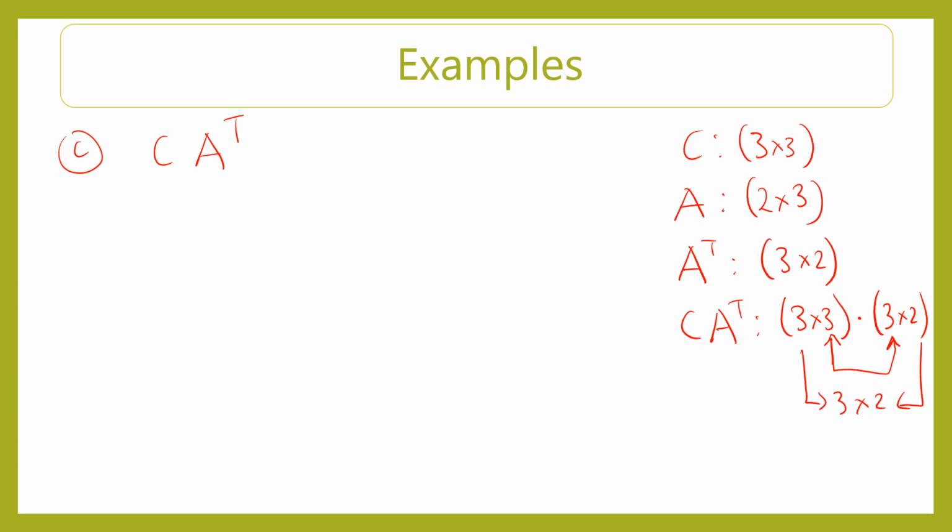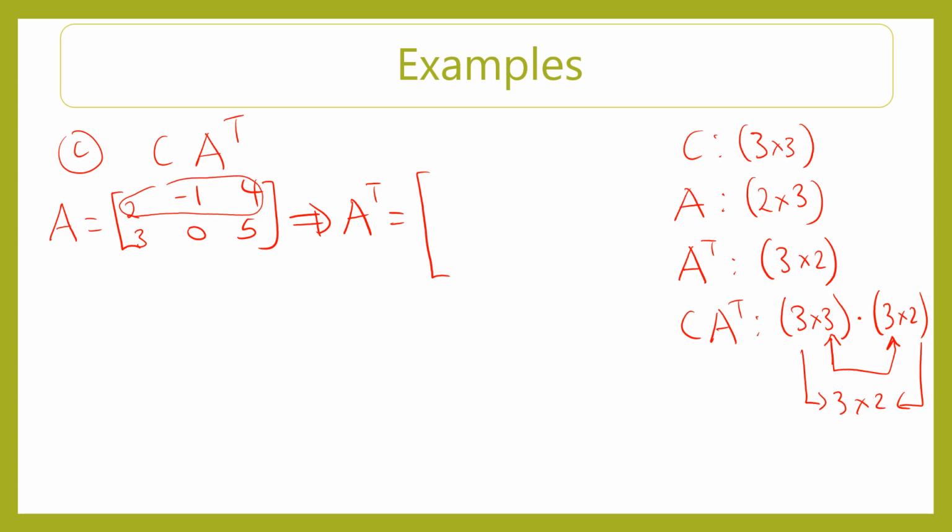All right, so once we know that is possible, we already know how to find A transpose. So A, again, let's recall who is A. A is 2 minus 1, 4, 3, 0, 5, which means if we do the same thing as we did with B, A transpose will be, take the row for column. So that would be 2 minus 1, 4, and the second row here as the second column here.